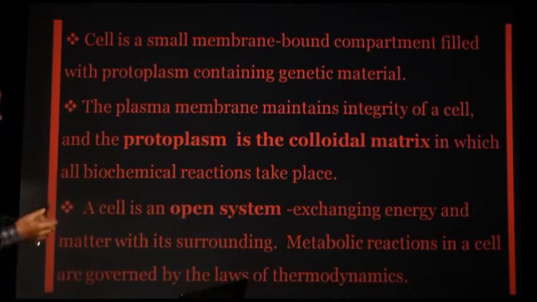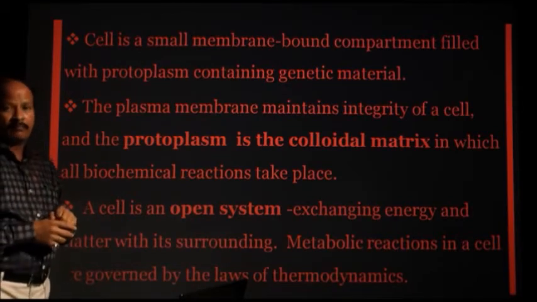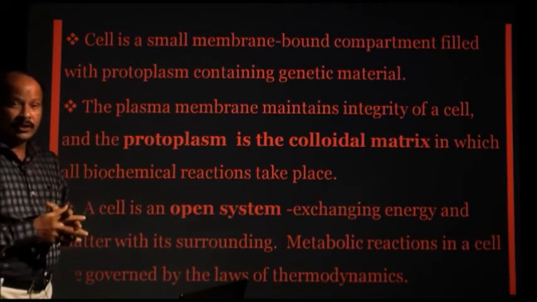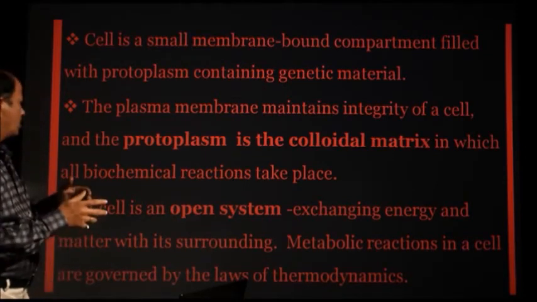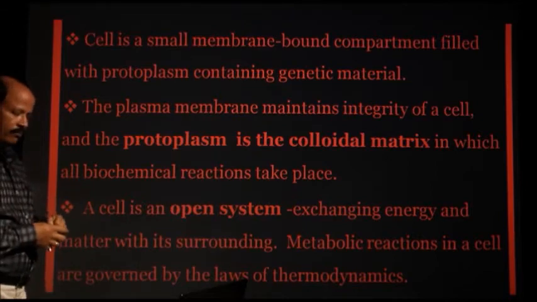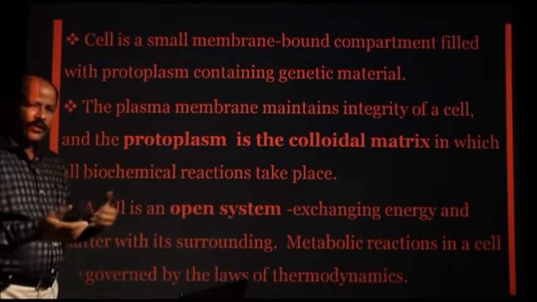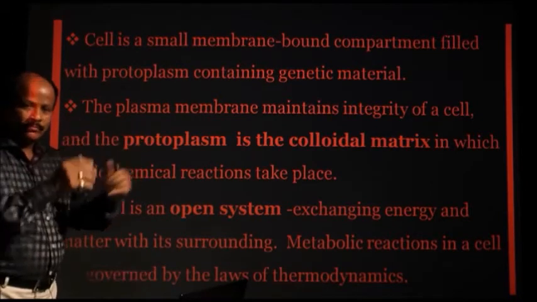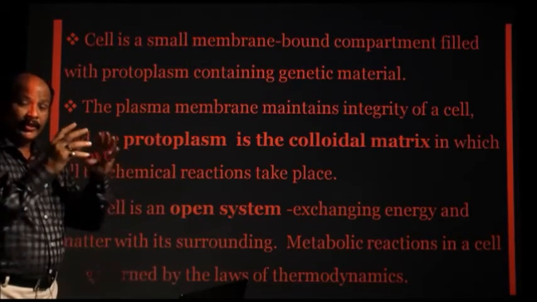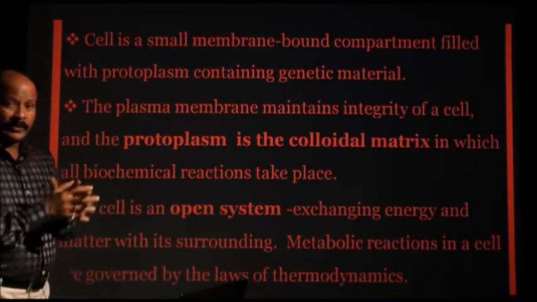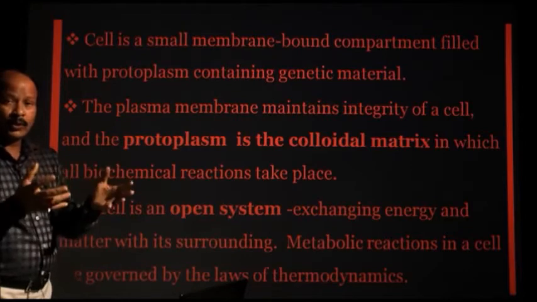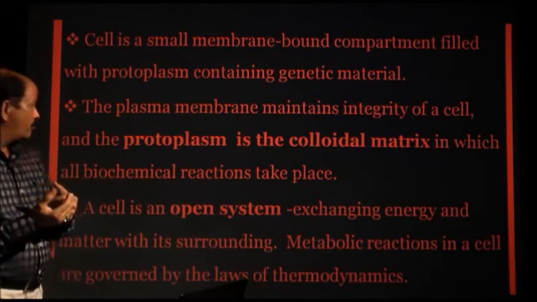Then a cell is an open system. What does it mean? For a cell to grow and divide, it requires raw materials and energy. From what source does it get them?